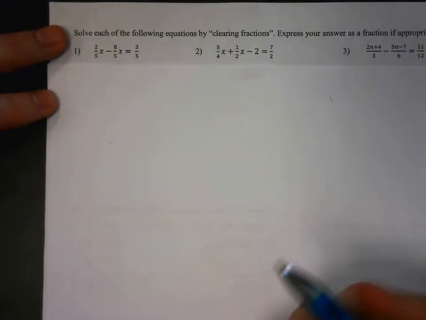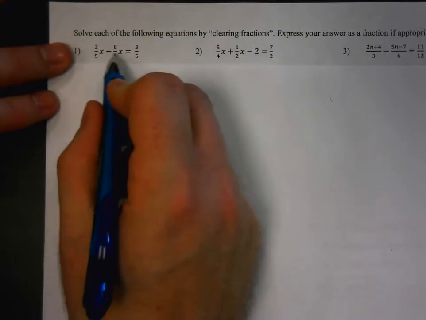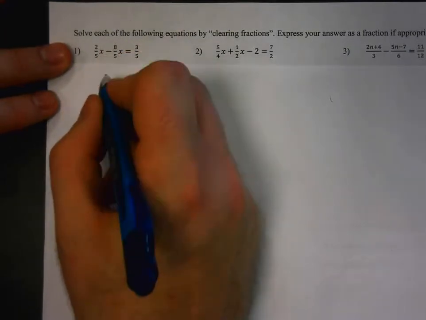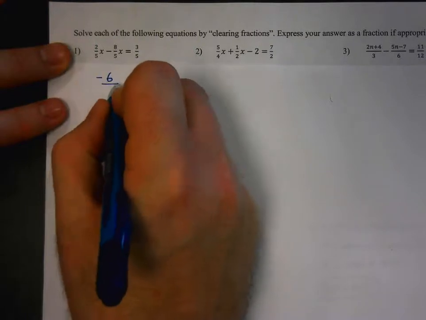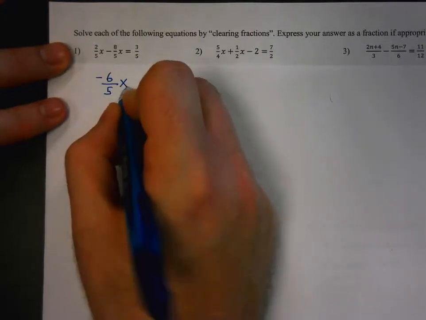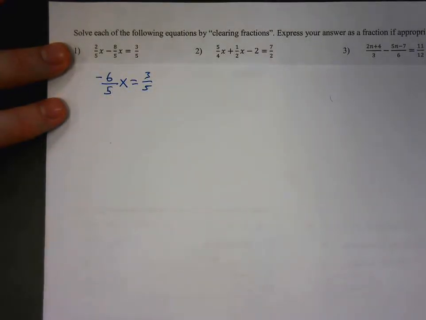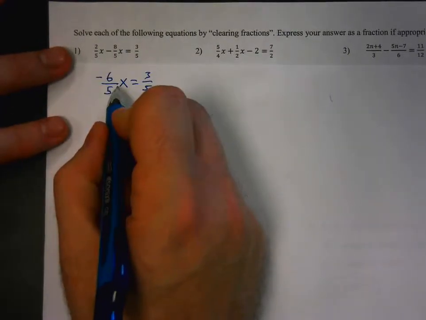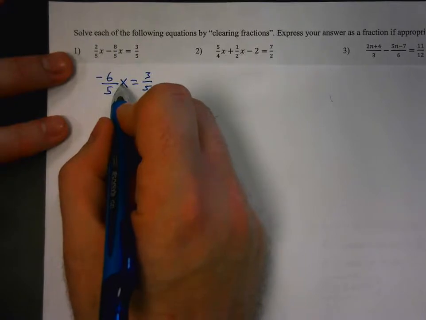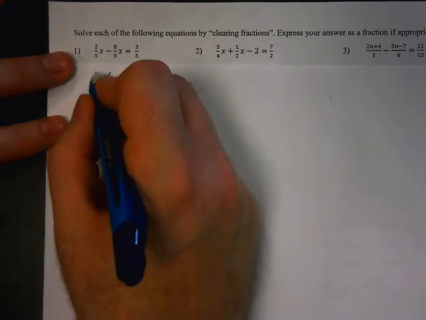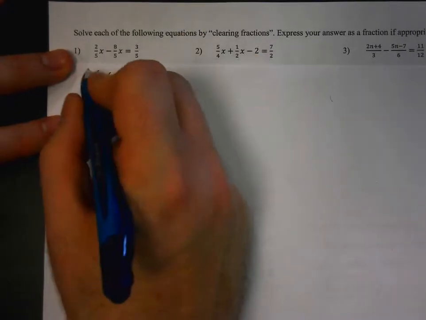So one way to solve this would be to combine those x's together. So 2 minus 8 is -6. Keep the denominator, and then times x equals 3/5.